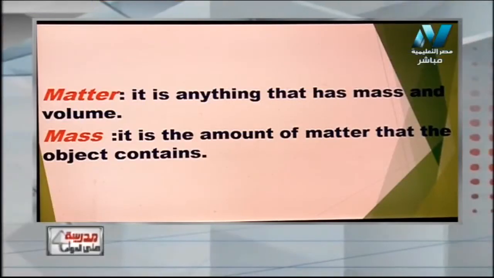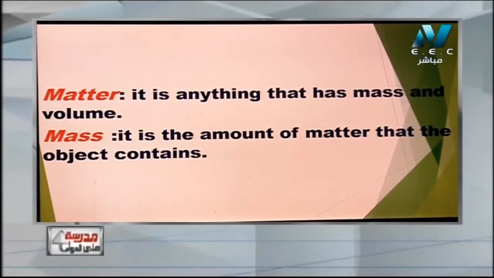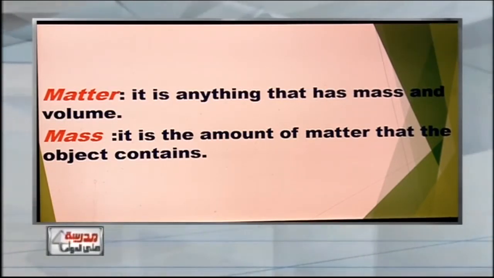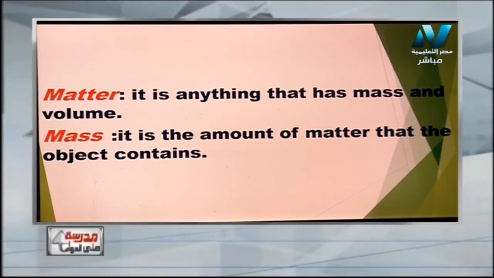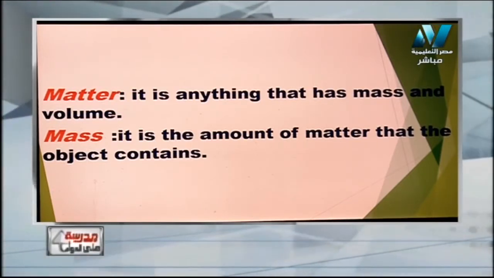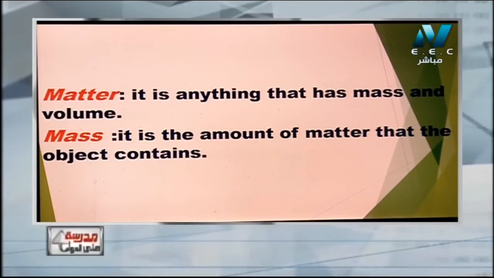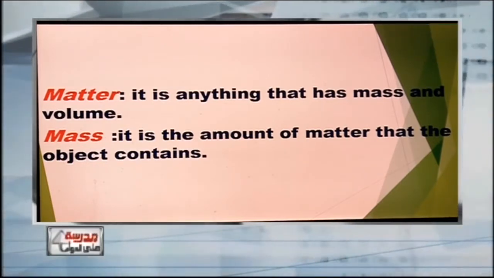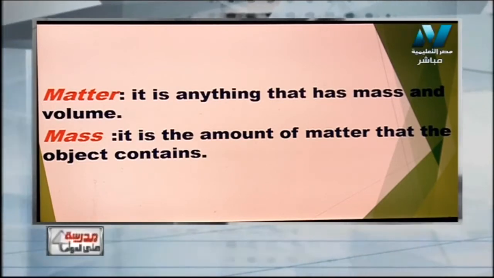Okay. Now, what is meant by volume? Volume is the space that is occupied by matter, or it is the space that the object occupies. If I have a taxi, the taxi can take only 4 people.